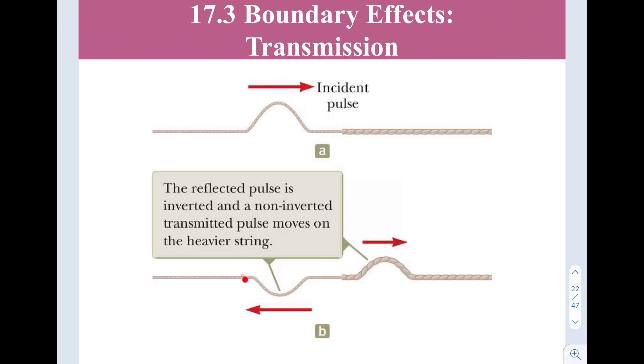The reflected pulse here is inverted for the same reason described earlier in the case of the string rigidly attached to a support, or fixed end, as we call it.